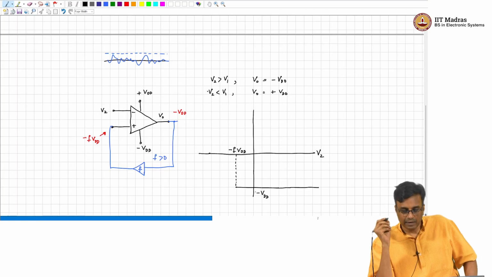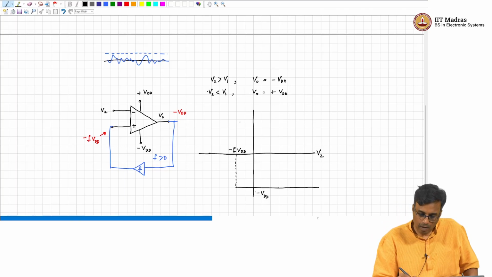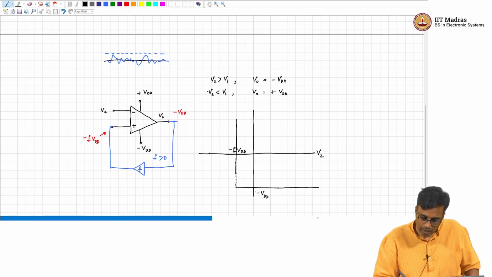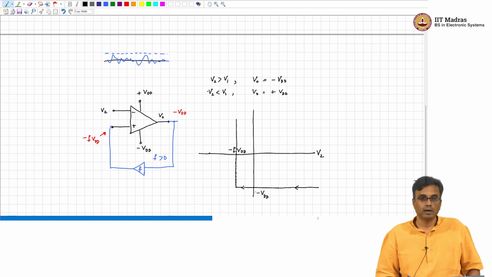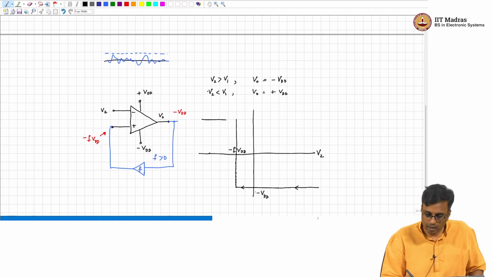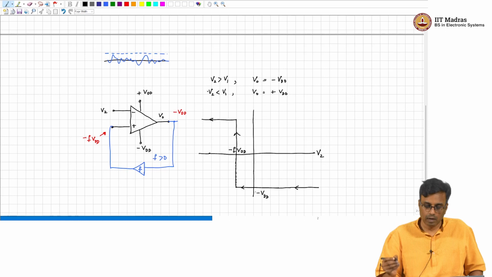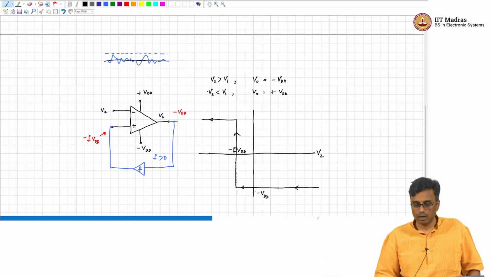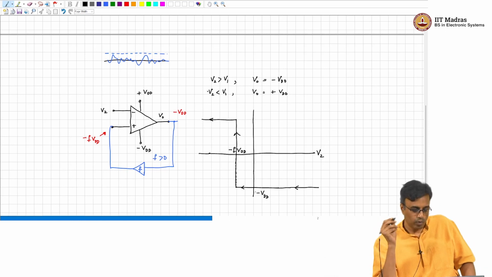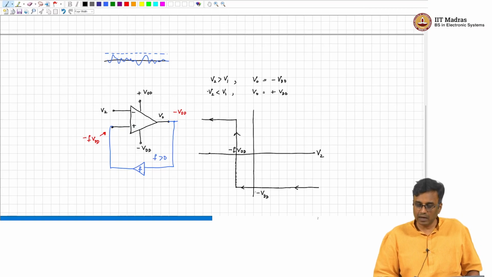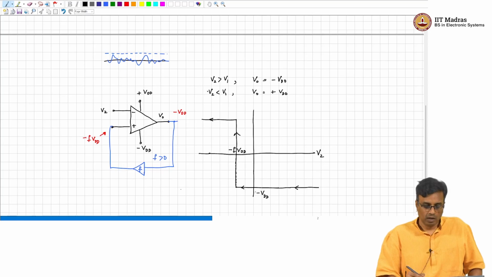Okay. And then what happens? The output jumps up to VDD. So, we are going from the negative side here, it does this, and then it goes this way. All right. Now suppose we bring the input back from large negative values to positive values.